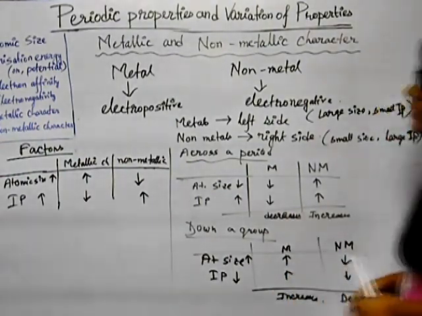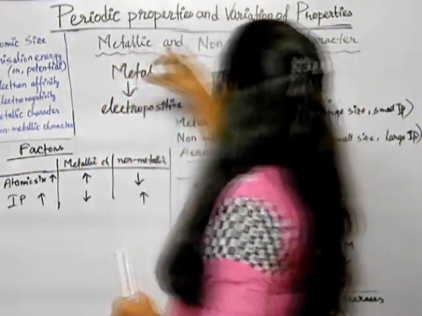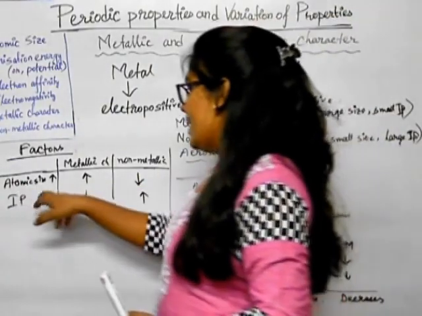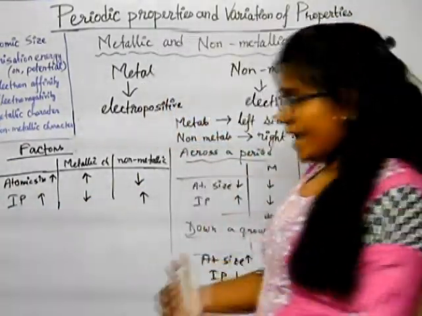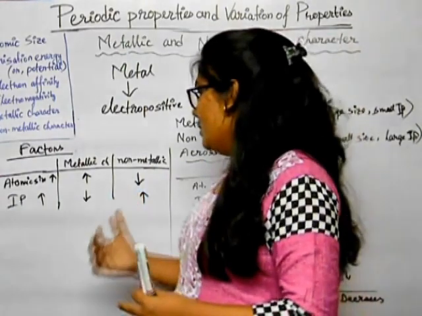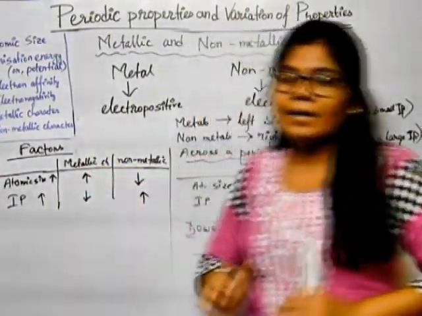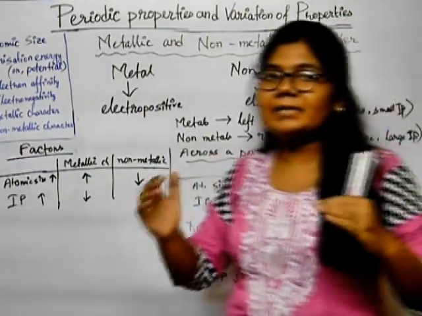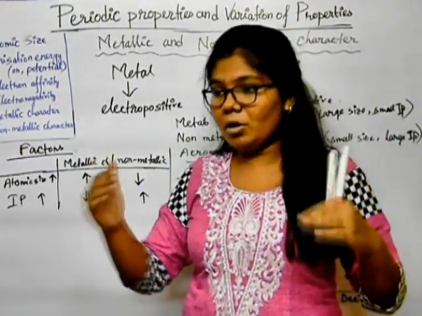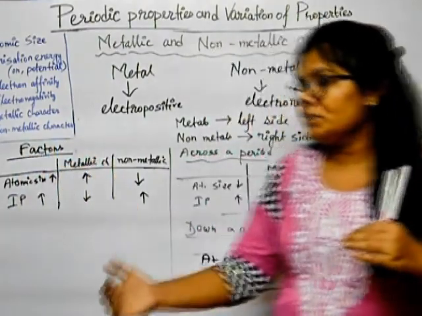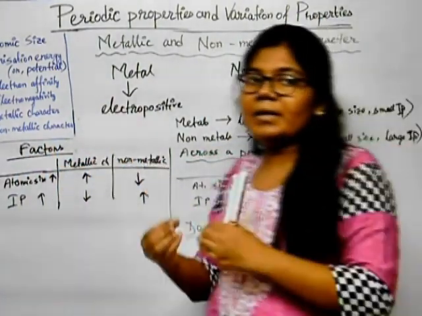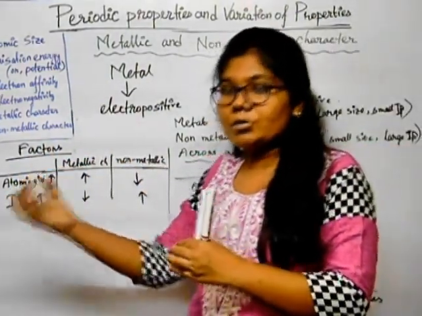Okay, the factors on which metallic and non-metallic characters depend are atomic size and IP. If atomic size increases, then metallic character also increases. If atomic size is increasing, then the number of shells is also increasing, so the attraction of the nucleus to the electrons is less.